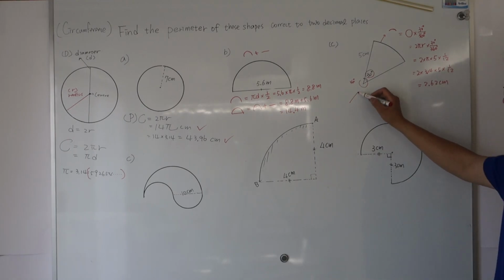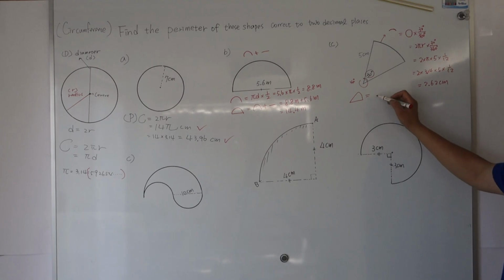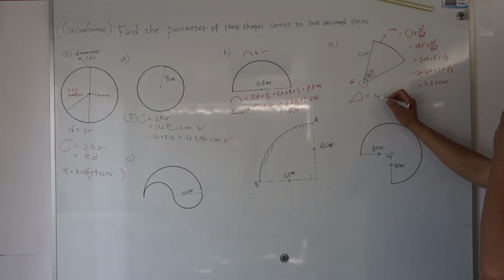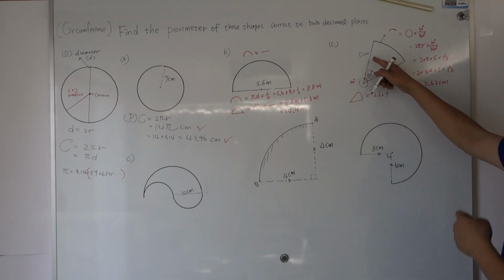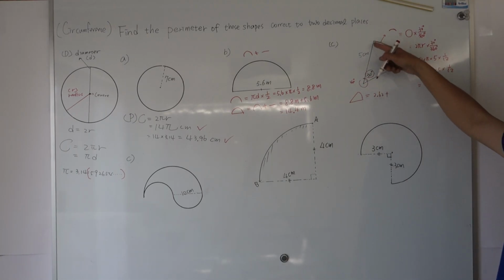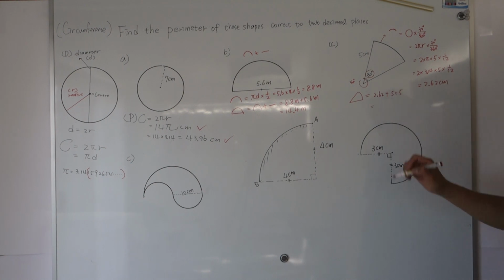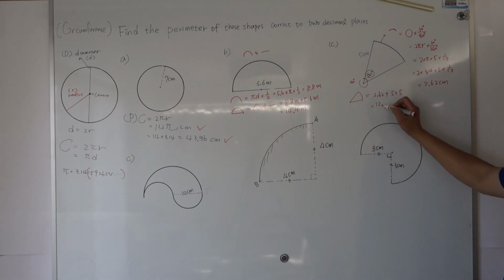Therefore, the whole perimeter equals the arc, 2.62, plus what? 2 radius, 5 plus 5, so equal to 12.62 centimeter, right?